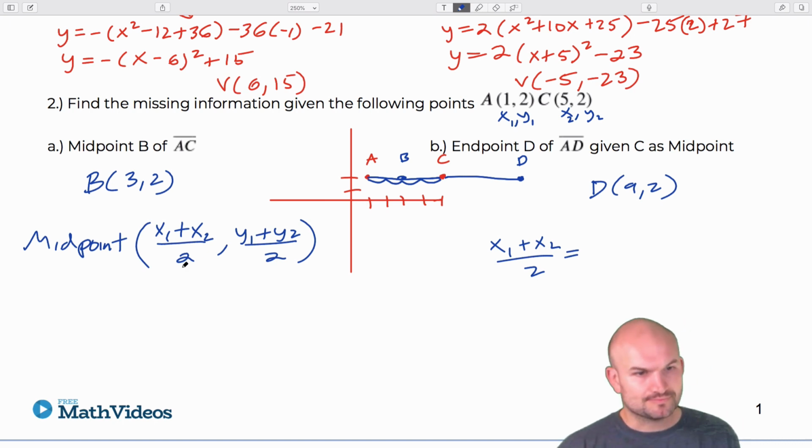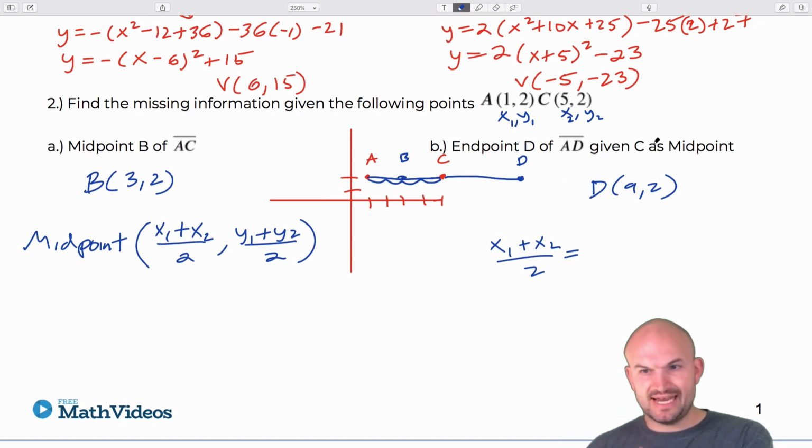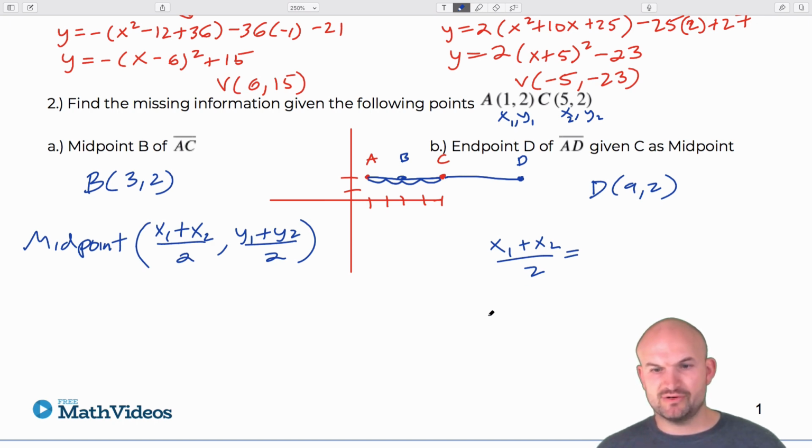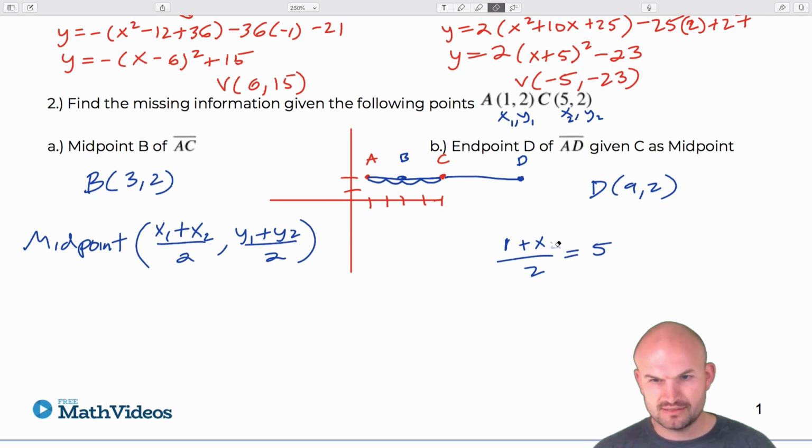Remember, they're saying C is the midpoint, so that's going to equal 5. Now, x1 in this case is going to be A, so I'm going to replace x1 here with 1. Now, what we want to do is find this second point, x2, right? Actually, we'll call this x2, and let's do this as x3.